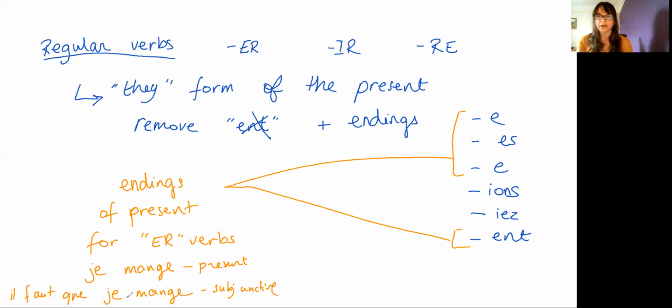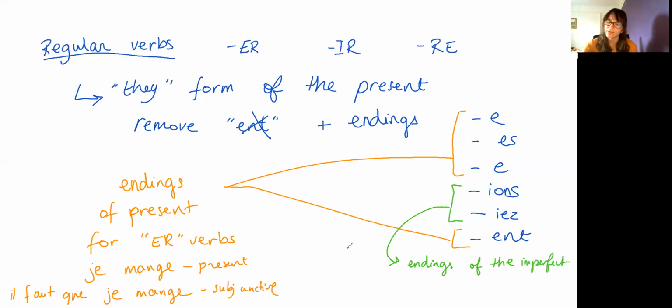The second thing to note is that the endings for nous and vous are very similar to the endings of the imperfect. So in the imperfect, we used to eat, you would say nous mangions. We used to eat in the lounge every day, nous mangions.